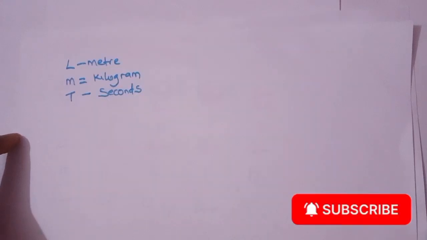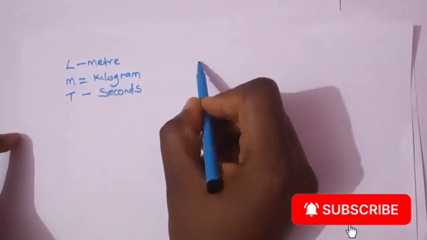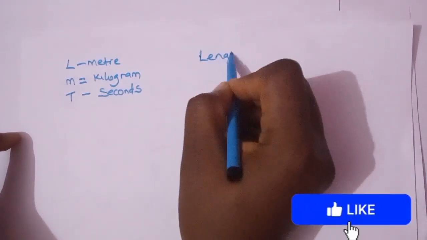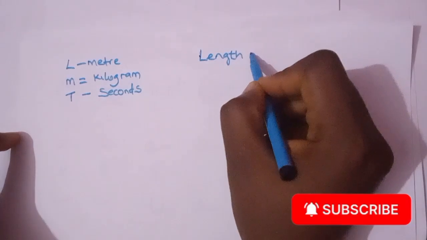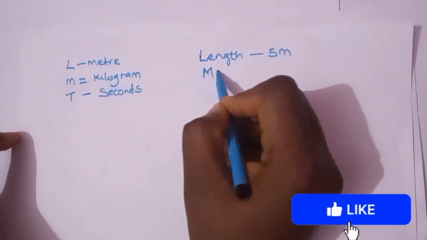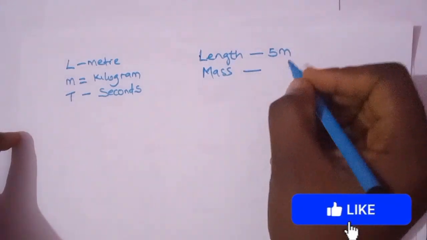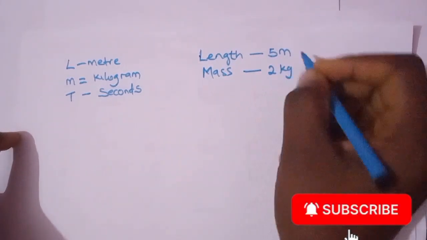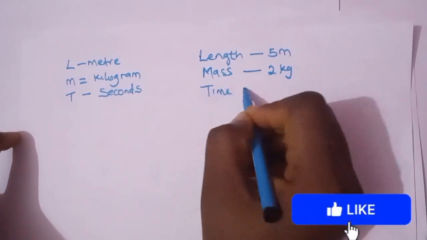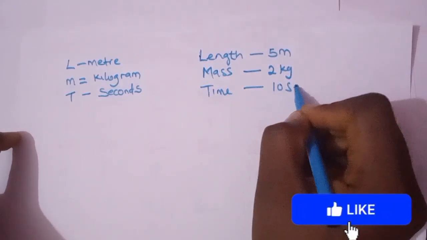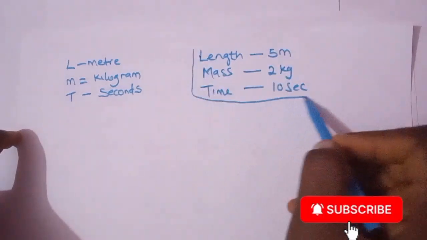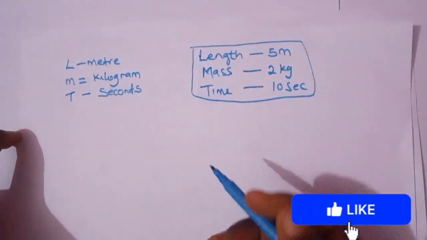For example, we have length, 5 meters. We also have mass. Then we have time, 10 seconds. These are examples of physical quantity.